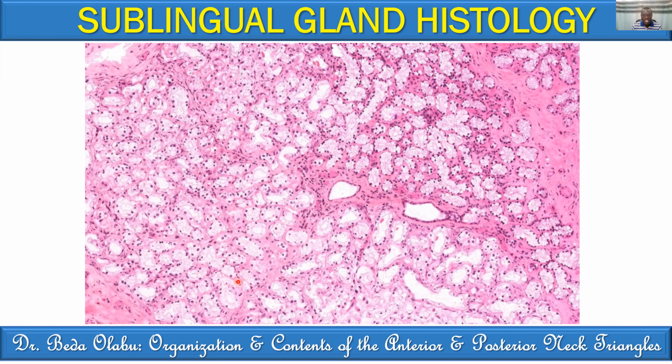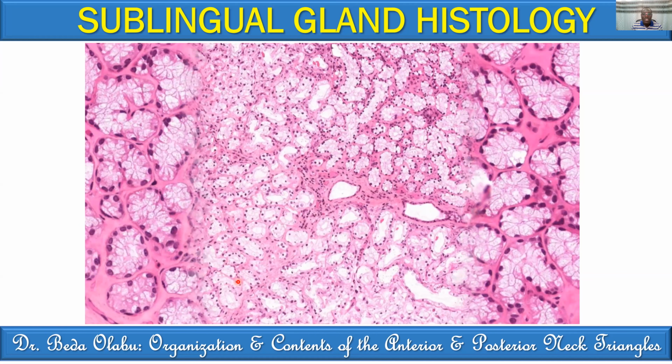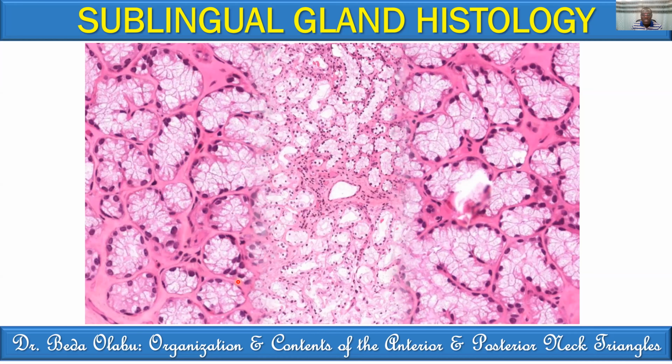So the other concepts of description of salivary gland notwithstanding, the most unique thing that distinguishes the sublingual gland from the other glands histologically is the fact that the acini are predominantly mucous, as we can see in this particular image. So it has predominantly mucous acini. All right, that is the story of the sublingual gland.